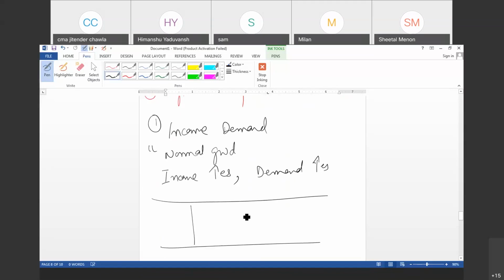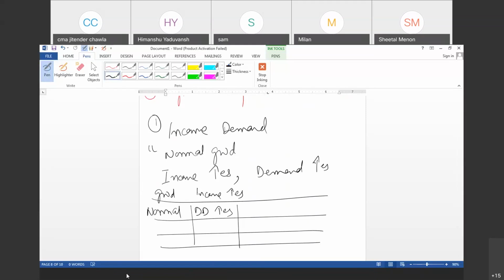So if I prepare a table with different categories of good, say normal good, income increase, impact: what happened to demand? It increases, am I right? What happened to prestigious good? It also increases.